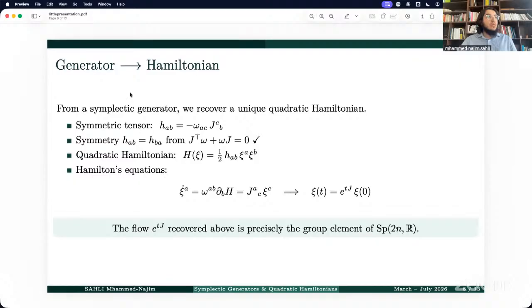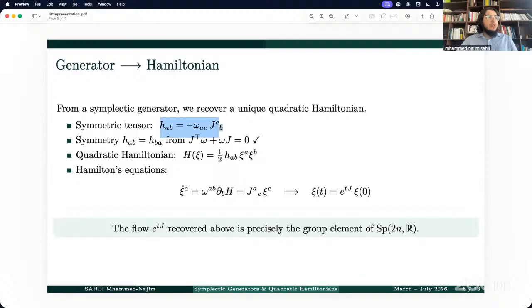And to do so, we wanted to go from an arbitrary element and ask ourselves this question: how can we describe, in terms of matrices, a quadratic element of a Hamiltonian? And to do so, we want to define a symmetric tensor called little h.